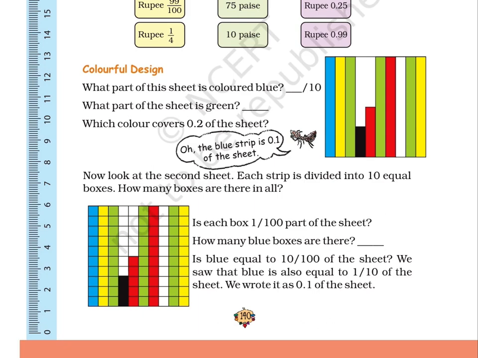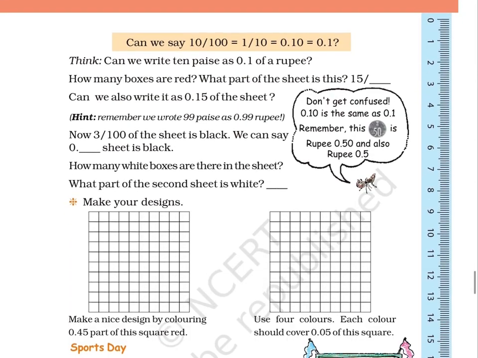How many blue boxes are there? Dash. Is blue equal to 10/100th of the sheet? We saw that blue is also equal to 1/10th of the sheet. We wrote it as 0.1 of the sheet. Page 141.